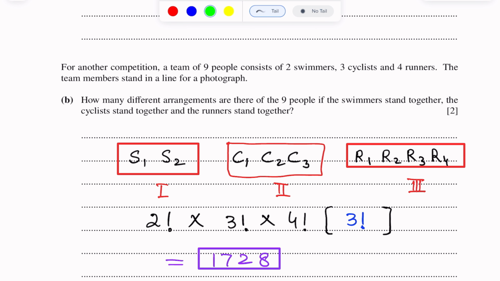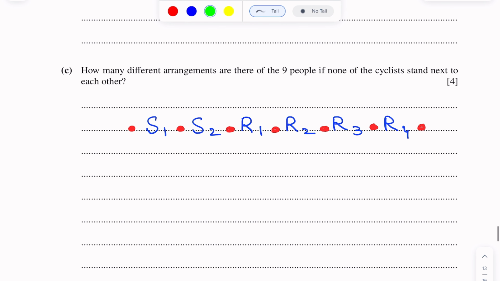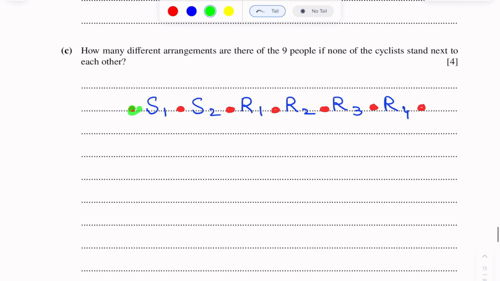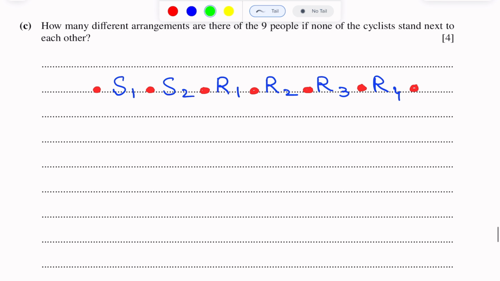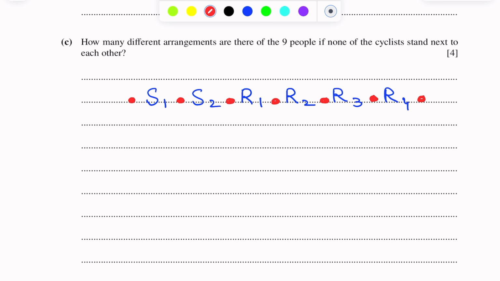Sorry, there are three cyclists. In this part, there are three cyclists, two swimmers, and four runners. So we will adjust these three cyclists in these places. These are total 7 places. We have to adjust three cyclists, so we will arrange them in 7P3 ways.